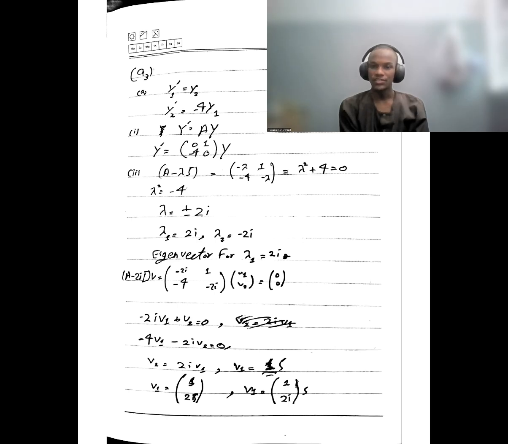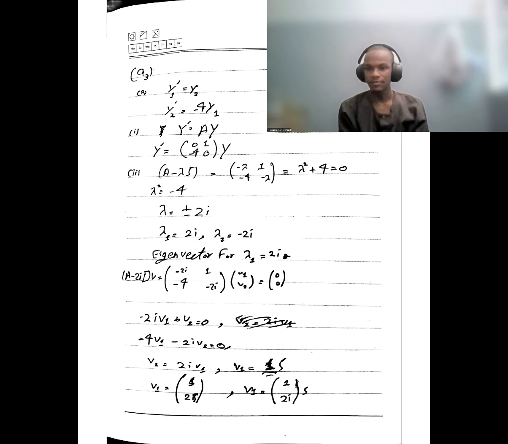Now we need to find the corresponding eigenvectors. For lambda 1 equals 2i, we need to solve A minus 2i times I times v1 equals 0. This gives us the matrix with negative 2i and 1 in the first row, and negative 4 and negative 2i in the second row.